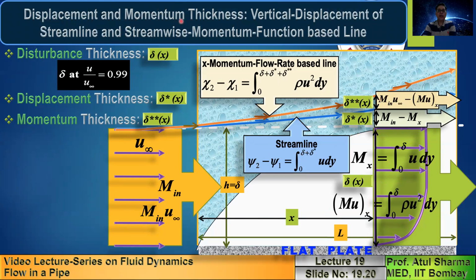So the displacement and momentum thickness are the vertical displacements of the streamline and the streamwise momentum function based lines, so that there is a balance between the flow rates at the inlet and at an axial location x.